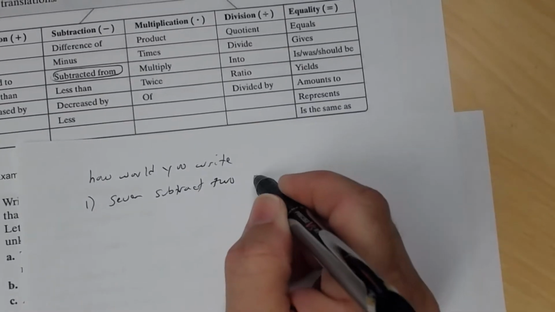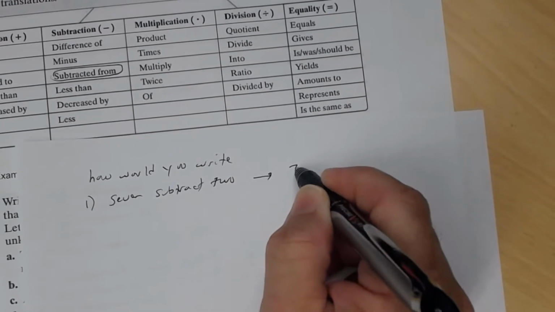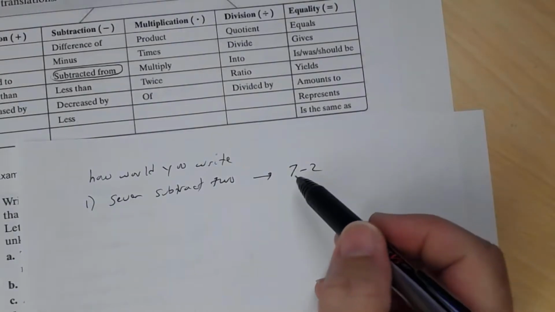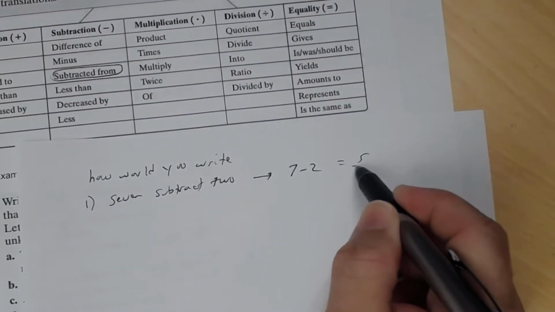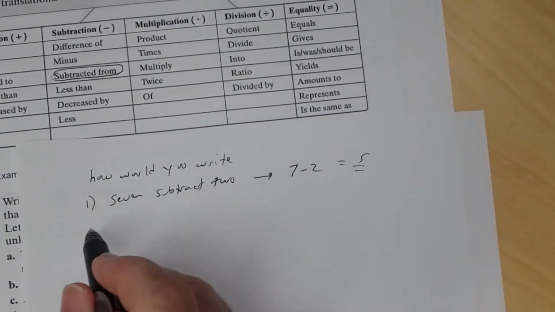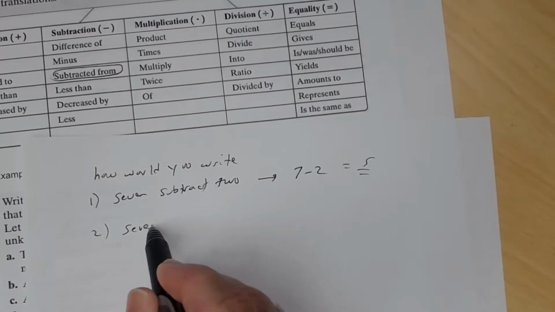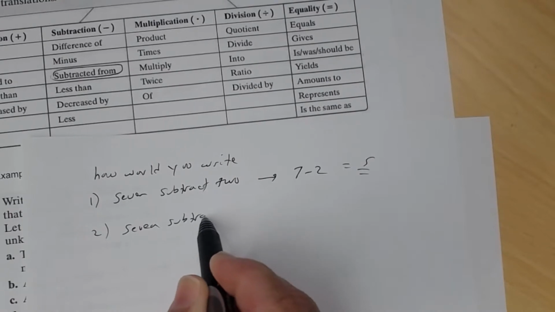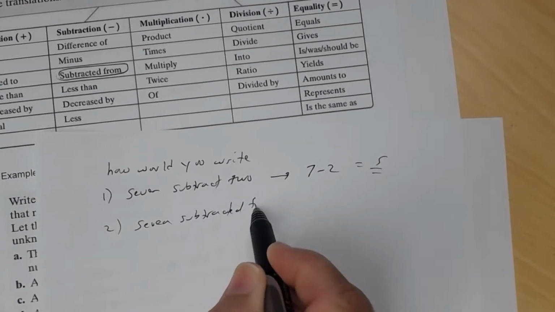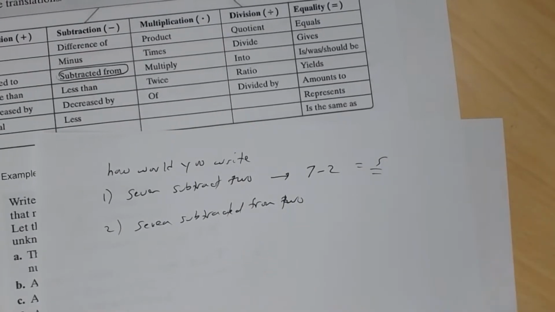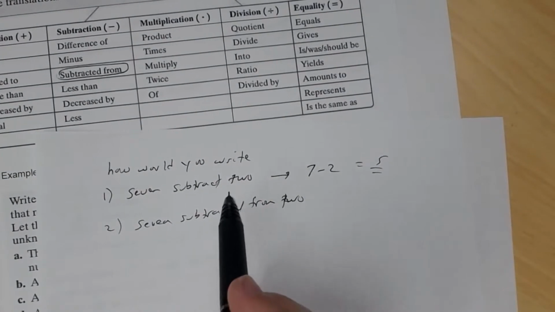Well, if you said 7 subtract 2 like this, you're correct. So 7 subtract 2 is just 5. Now be careful with this one. What if I said 7 subtracted from 2? So notice the difference.